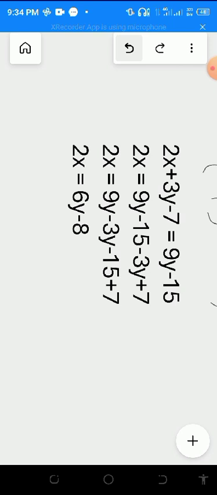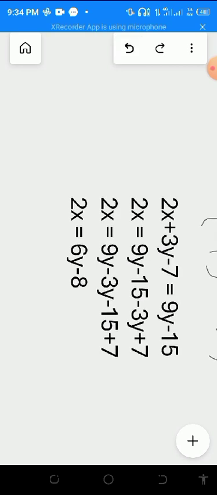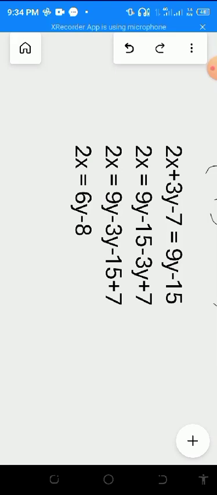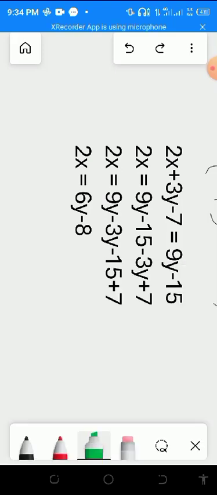Now what are we looking for? We are not looking for 2 of the x. We use x to represent the side of the right hand triangle, right? So we make sure that we are going to divide here. So let me pick a pen here. We are going to divide it here by 2, and then divide here by 2, and then divide this one also by 2.